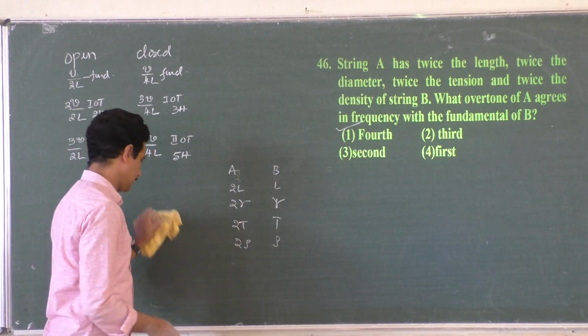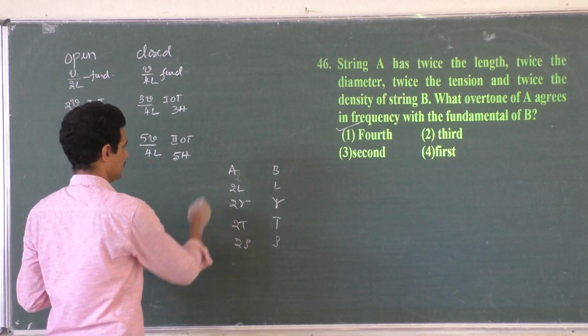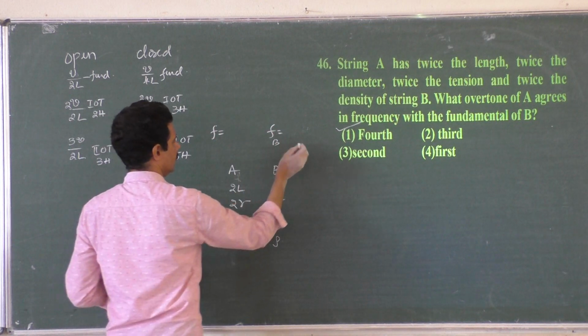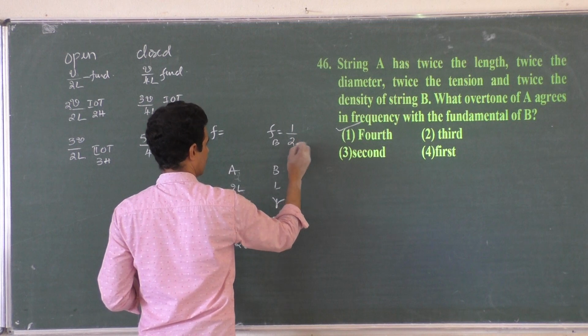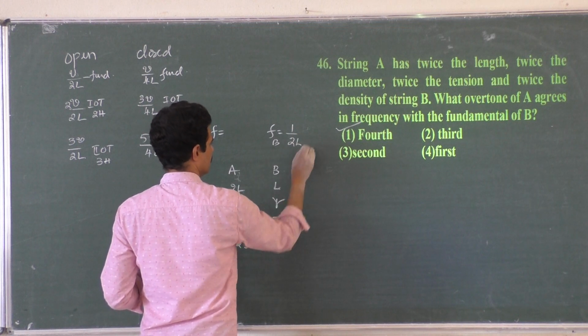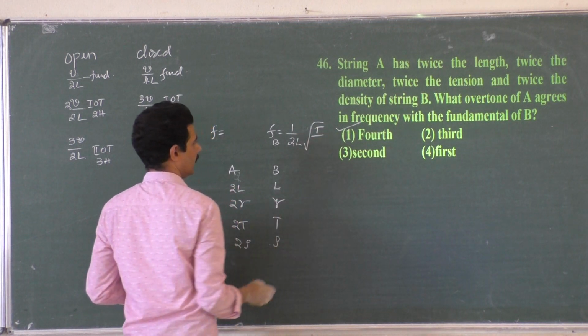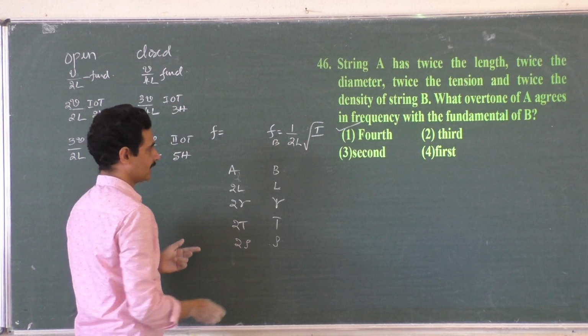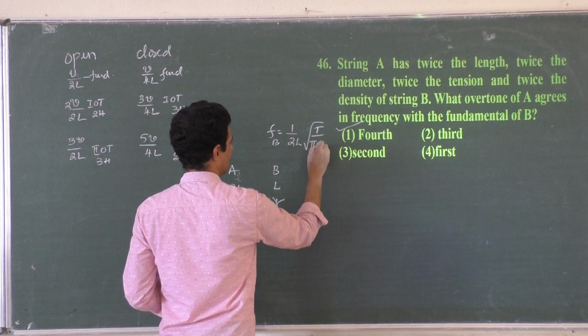Yes, we will write the formula. Frequency of B is equal to 1 by 2L, fundamental, into square root of T by mu, and mu can be written as pi R squared rho.